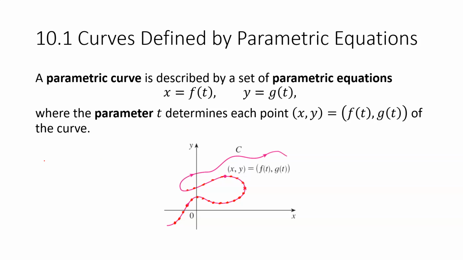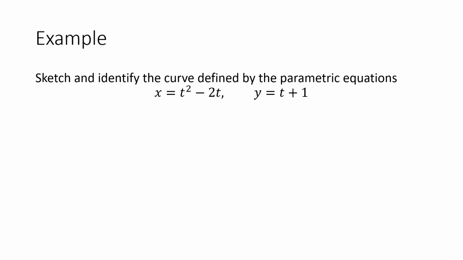Sometimes it might be helpful to think of t as a time parameter, where as time increases, the point in the xy plane will take on a different location, and it'll describe the trajectory or the path of this particle. So let's think about some examples.